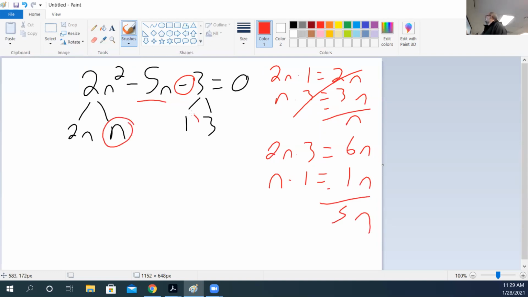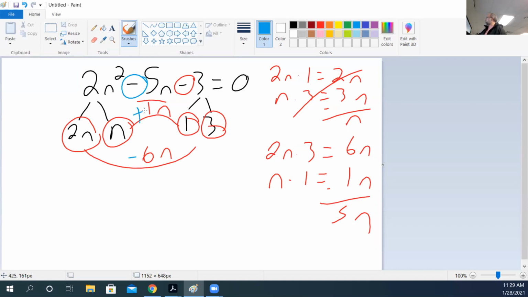All right, so 1n, and 2n times 3 gives us 6n. We're in group B. First sign is negative, so that means the bigger one's negative, the other one positive. So the 3 in this case is negative, that's the one tied to the 6. The other one is positive.